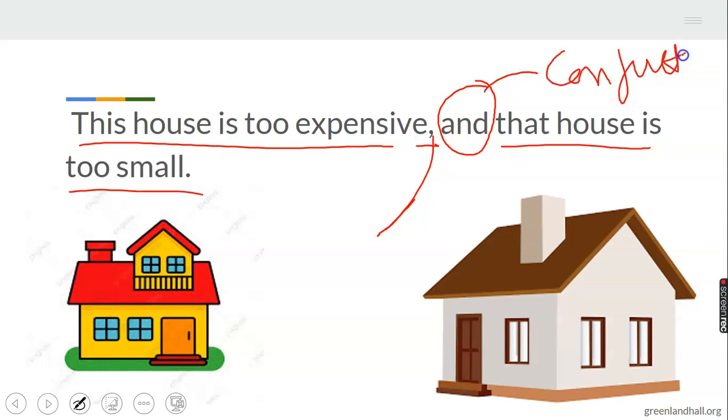Now, when we say, this house is too expensive, and that house is too small, that makes it what? A compound sentence. Beautiful.